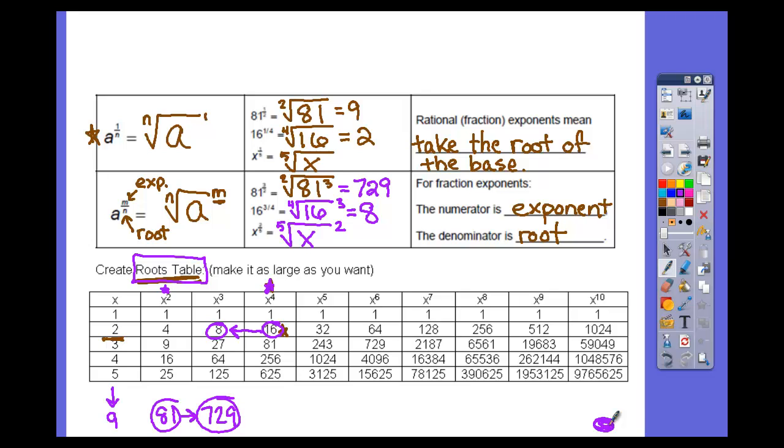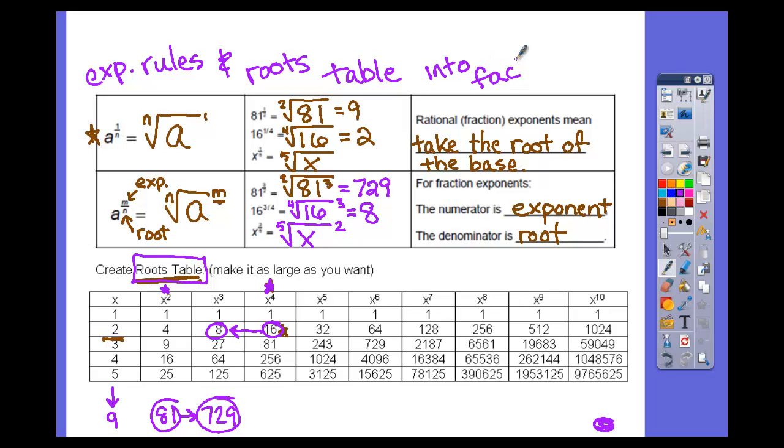What I would suggest to you to do is put exponent rules and roots table and your factoring flip chart.